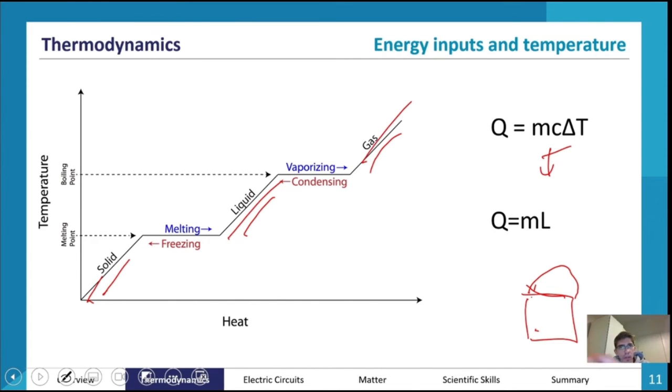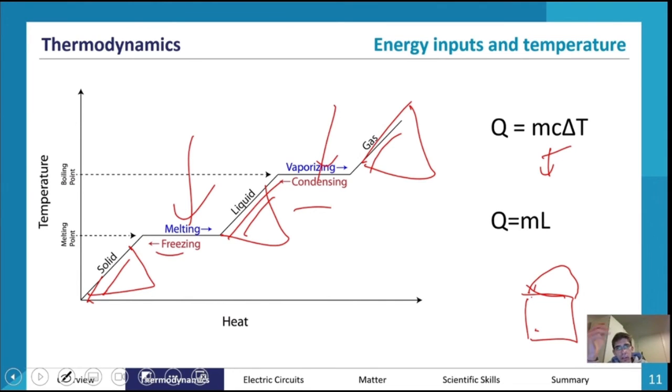And the same thing goes here. The specific heat capacity at each point will be different, but the specific latent heat of fusion or condensation will also be different. In fact, this graph should be longer here because the liquid water needs to absorb a lot more energy in order for all the bonds to be broken for it to convert into a gaseous state, in comparison to the bonds in the ice cube to be broken for it to convert into a liquid state.